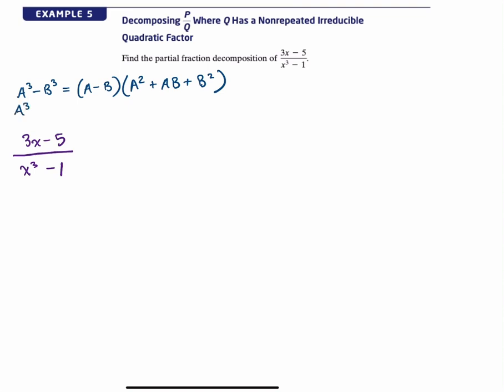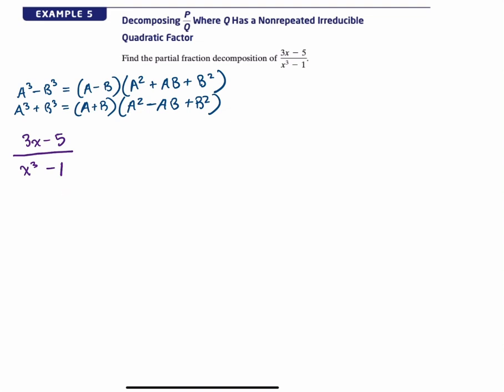If we had a cubed plus b cubed, this factors into a plus b times a squared minus ab plus b squared. So you can multiply out the right side just to verify that we get the left side, but these two identities are true for the sum and difference of cubes. So what we have here is x cubed, technically minus 1 cubed.